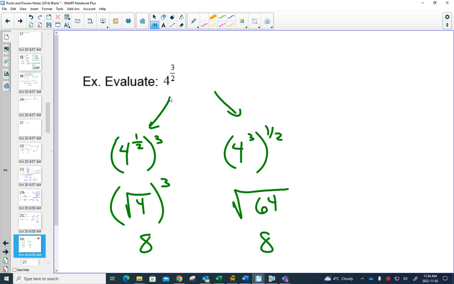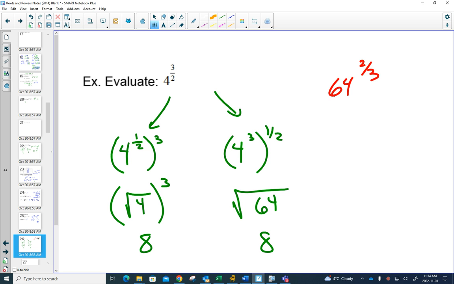Sometimes, with bigger numbers, math becomes a little bit harder. So if I gave you this question, 64 to the 3/4. No, I'm going to change it to 2/3.